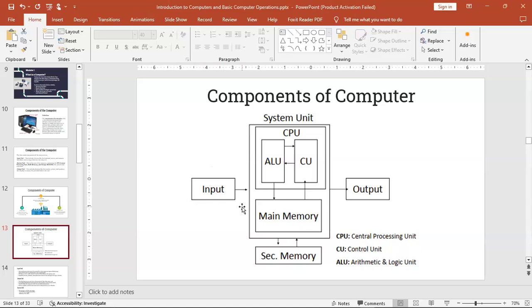And that data is being processed. It undergoes a series of mathematical and logic operations in the system unit. And once it's done, it's sent out in a clean and understandable format called information to the outside world. So it's sent out as output using output devices like the monitor, the screen, and the speaker.